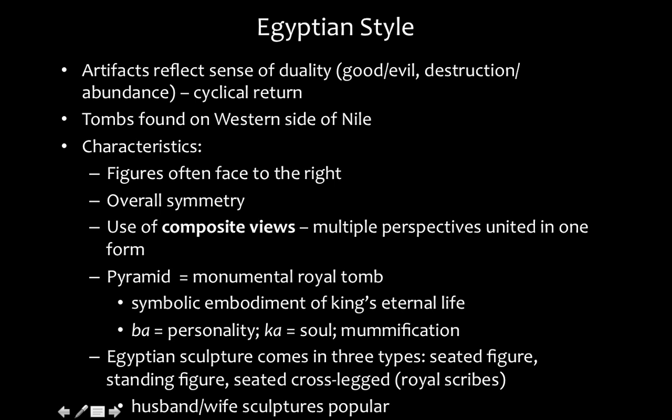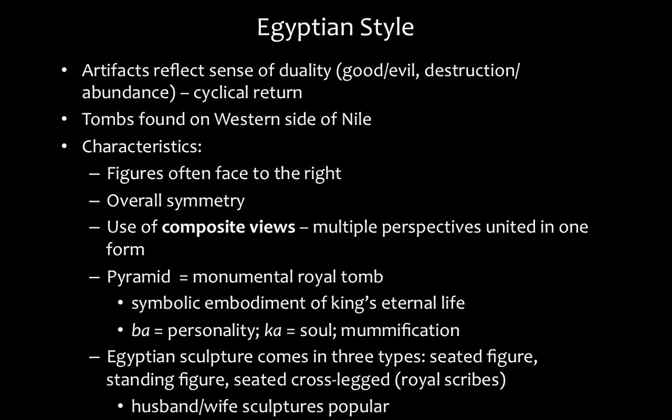So in terms of what the art looks like, because this culture does remain unchanged for so long, the art really is pretty standard as well. And so some of the things we're going to see in the art that reflects the Egyptian style is this idea of duality, this cycle, this good and evil, destruction and abundance, birth and death, that there's this constant renewal of nature.